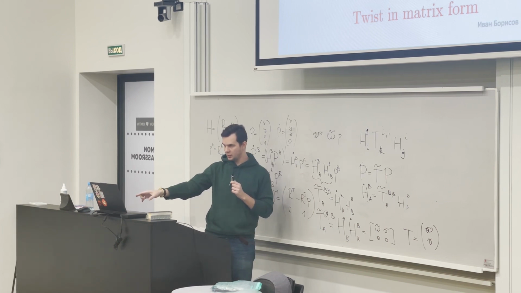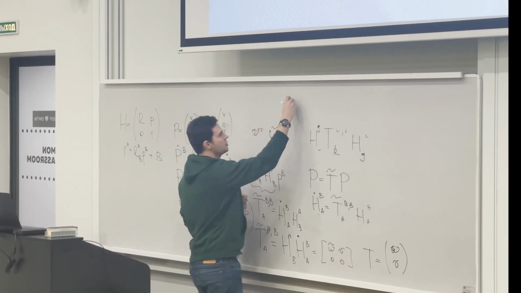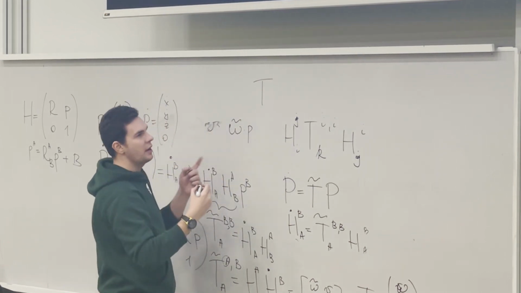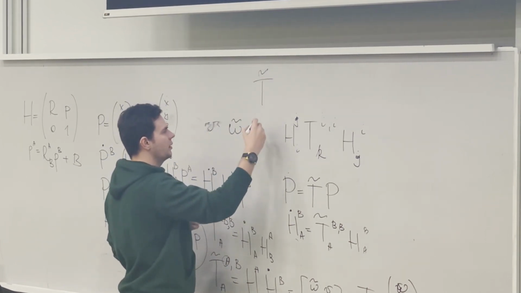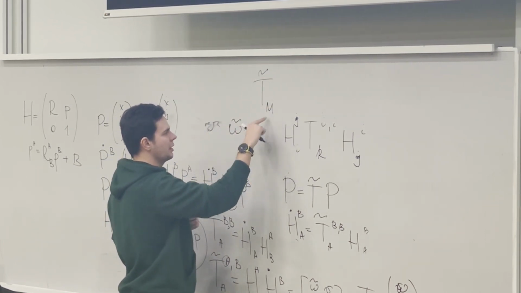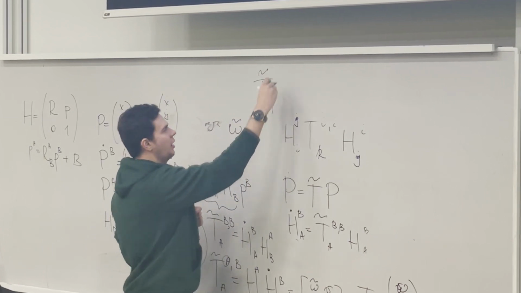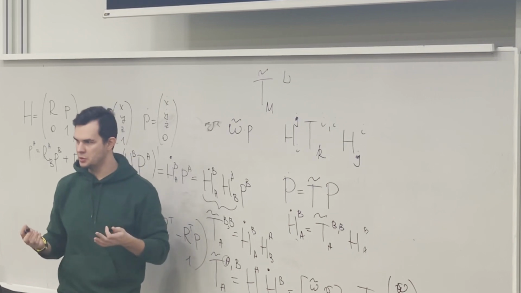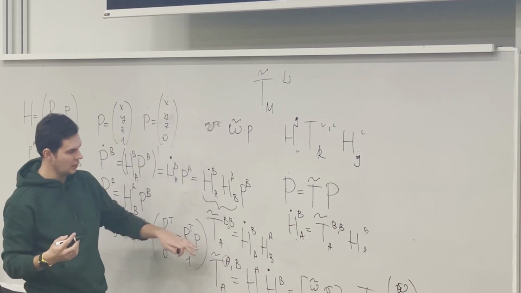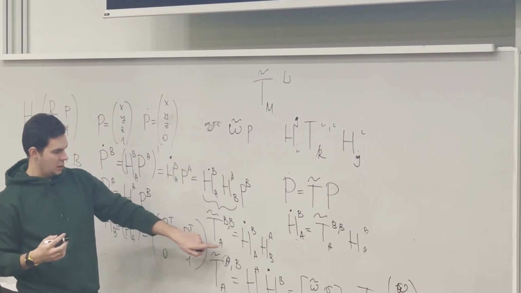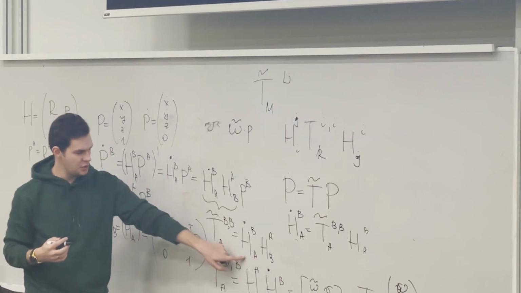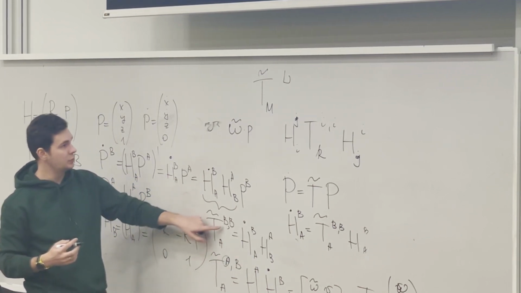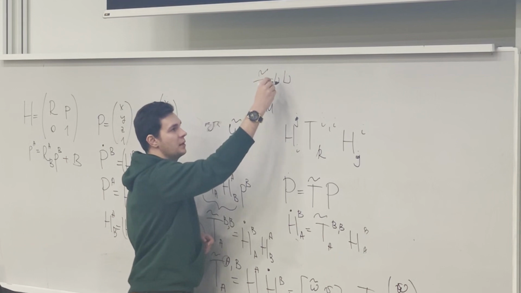L will be my laptop. So in this case, we have the twist of the marker around the laptop, and let's assume that we have just H and we want to compute it in the L.